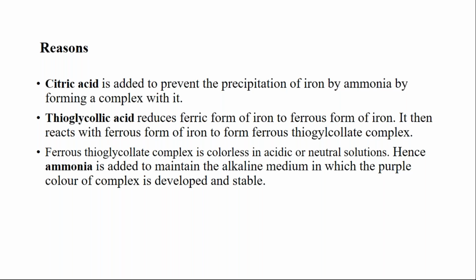This complex, your ferrous thioglycolate complex, is colorless in acidic or neutral solutions, and hence ammonia is added to maintain the alkaline medium in which the purple color or the pale pink color of the complex is developed, and it also helps in maintaining the stability of the color which is formed. So this is the reason why these 3 chemicals are used in the limit test for iron.